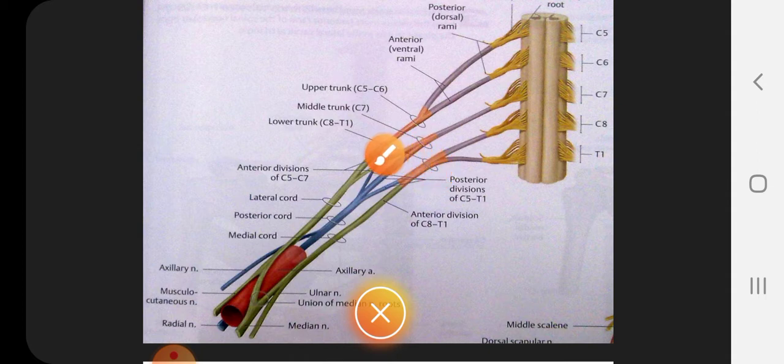Trunks later divide into divisions, anterior division and posterior. Each trunk will divide into two divisions. All the posterior divisions of all the three trunks, that is upper, middle and lower trunk, join together to form a cord, called the posterior cord. Then from each cord we get the branches of the nerves proper. Now we will study first about the roots of the brachial plexus.